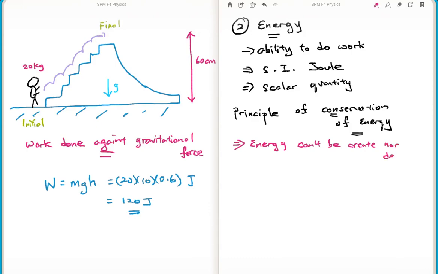You can't destroy energy, but it could be transferred or transformed into other energy.